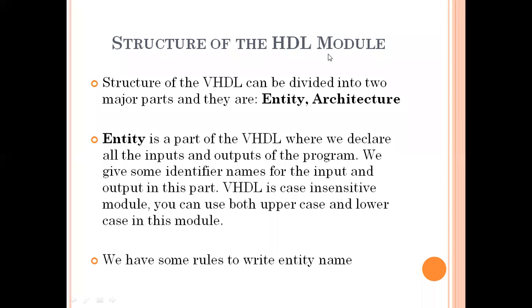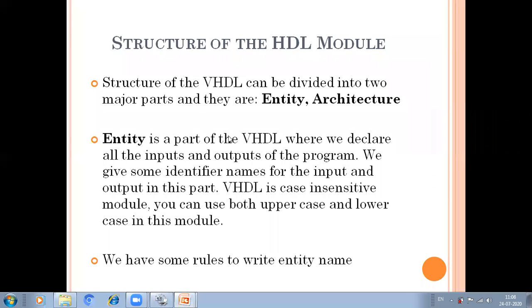But also, from the structure point of view, we get the different design units, also called the primary units: the entity declaration, the architecture body, the configuration declaration, then the package declaration and package body.